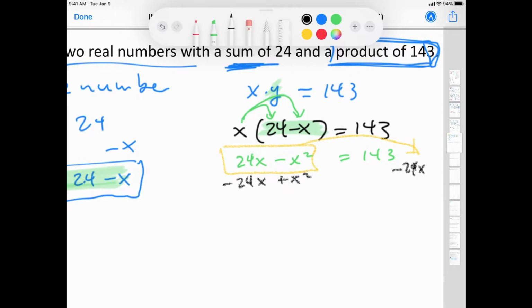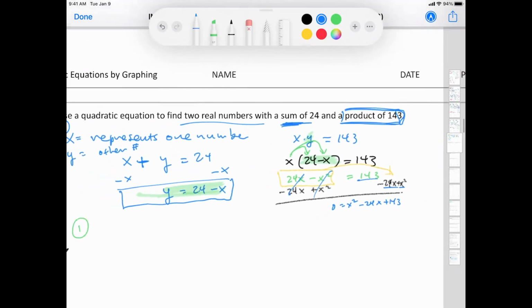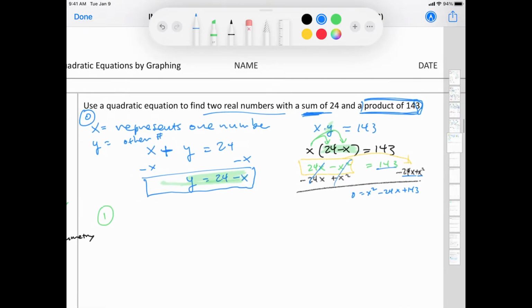What I give to one kid, I have to give to the other kid, right? So this is 0. So you're left with x squared minus 24x plus 143. Okay, so there I have step 1.